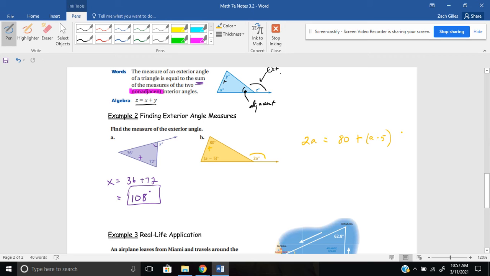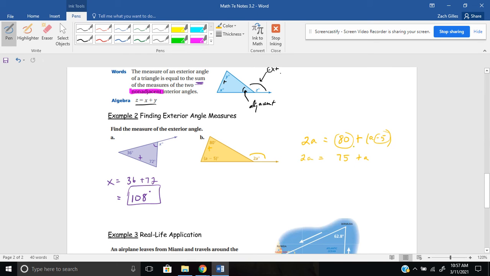Okay, so now we need to do a little bit of algebra. On the right-hand side, I've got like terms. I have 80 minus 5. So that would give me 2a is equal to 80 minus 5, which is 75. And I still have this plus a, I'm going to bring down in my equation.